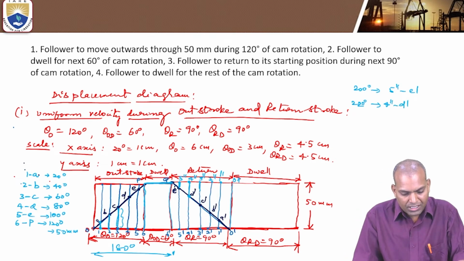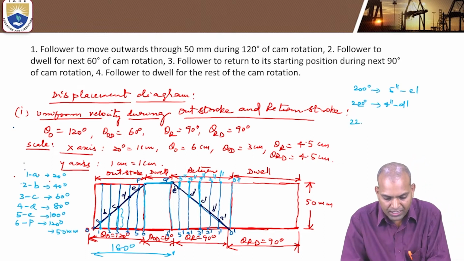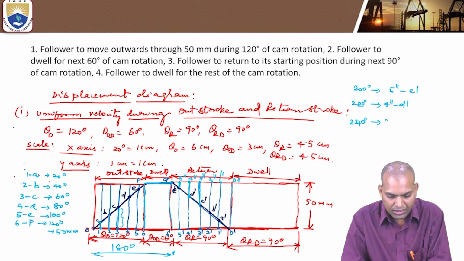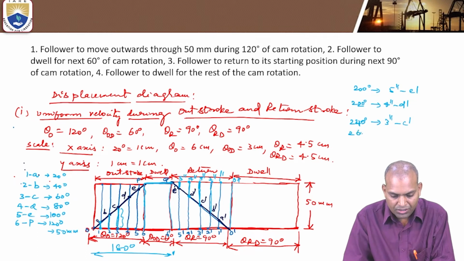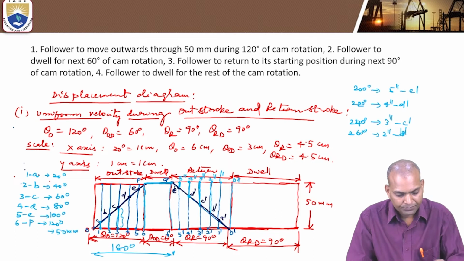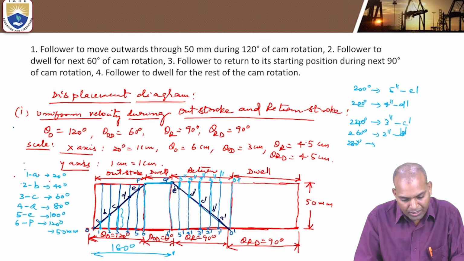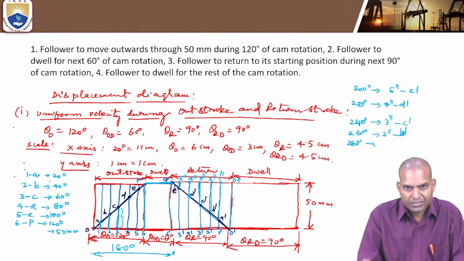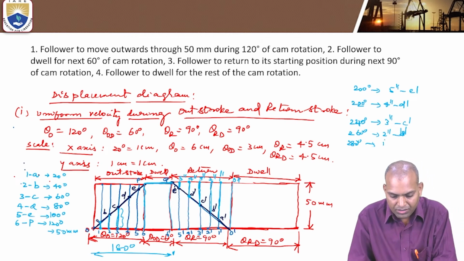Next, 3 double dash C dash is the distance the follower comes down for the next 20 degrees, that is 220 plus 20, that is 240 degrees of cam rotation. Now 2 double dash B dash. Now for 280 degrees, what is the distance the follower comes down during the return stroke? This is the distance, that is 1 double dash A dash.